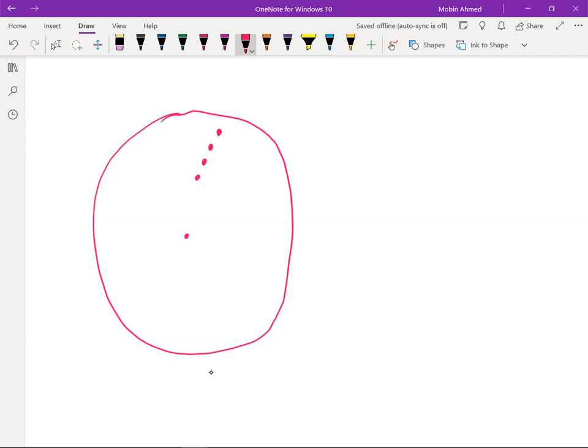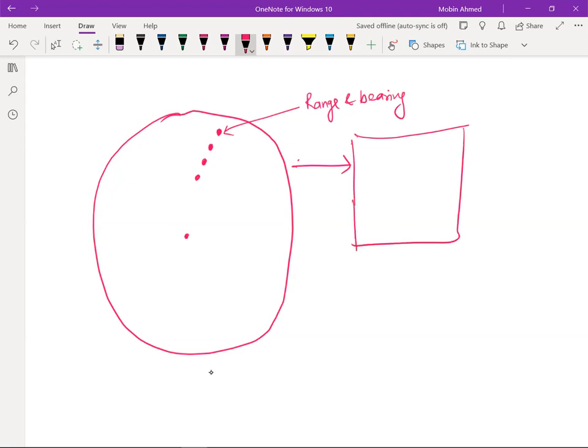So what we are going to do, suppose at this point, we are going to have the range and bearing. So we need to give this information to a device. So that is the electronic plotter, or plotter, that is known as a plotter.